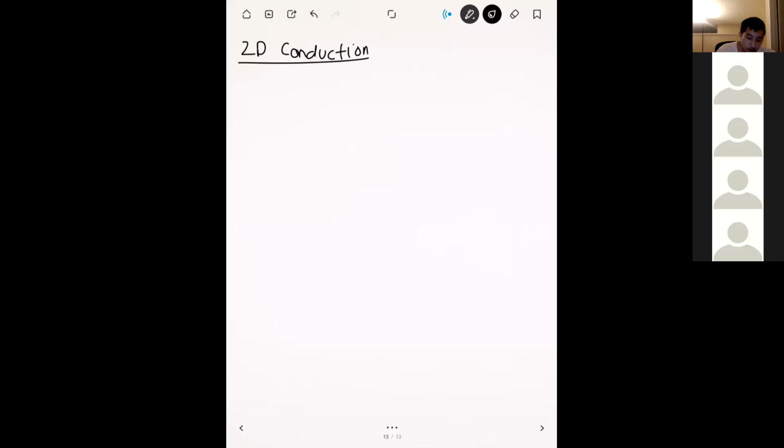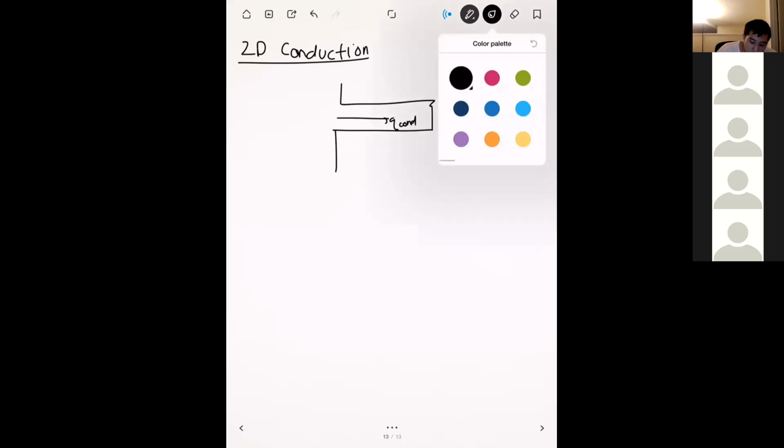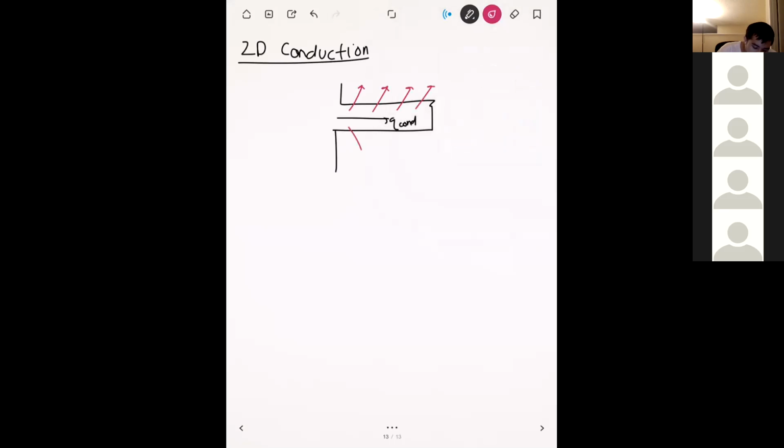If you remember from fins, we had heat transfer through conduction in one direction, but then perpendicular to that, you have heat transfer through convection off the sides of the fin. This is technically 2D conduction because we have heat transfer going in different directions, constrained within a 2D plane, but it's a very specialized case.